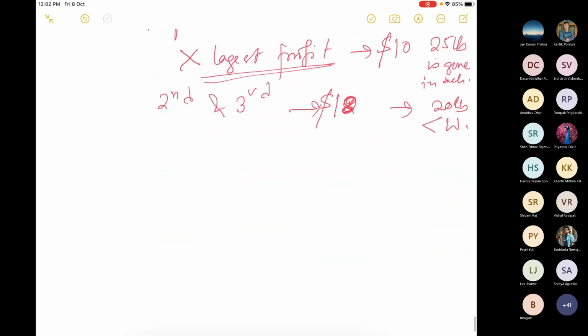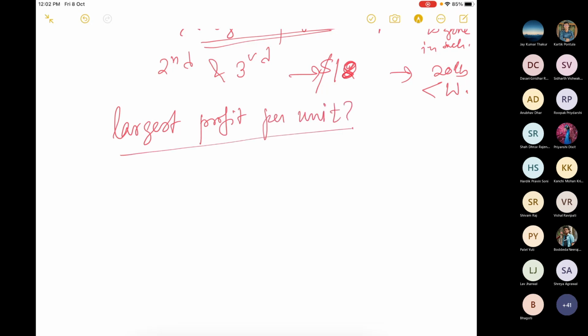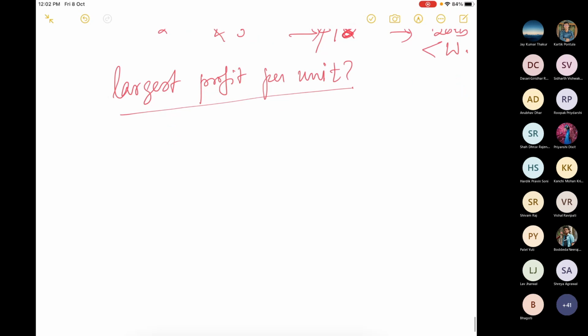Now, what about considering largest profit per unit? Suppose we have items like this. Say this is $50.